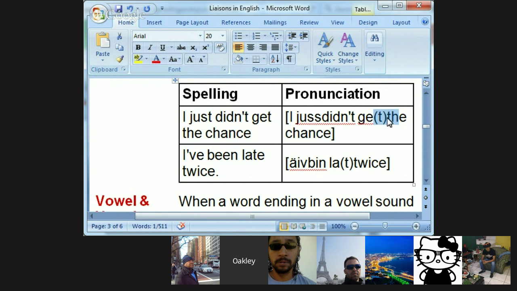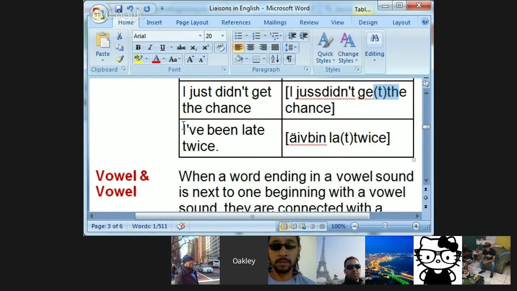Okay, all right. Yes, and they are close. Physically close in the actual physical movements. Yes, precisely. All right, so the TH is a voiced sound, T is not. So we kind of stick our tongue up there to start the T, and then we voice it. "Get the." Okay.